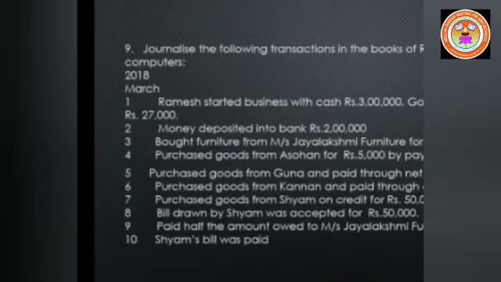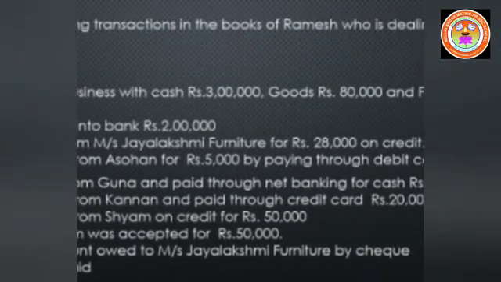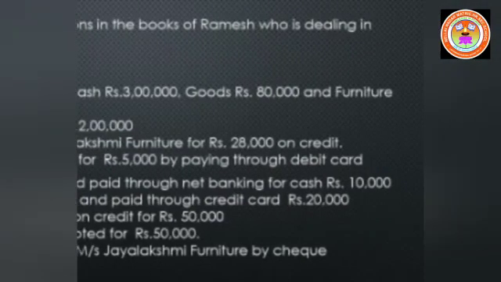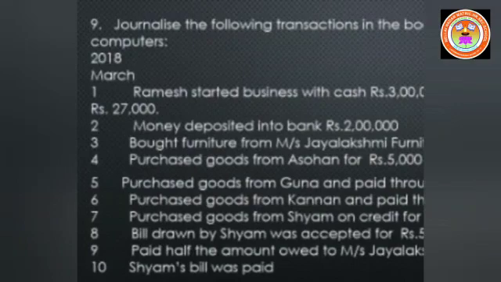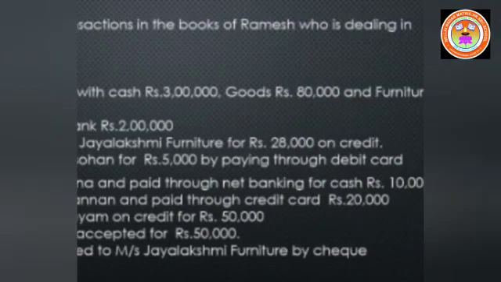Transaction, March 5. Purchased goods from Guna and paid through net banking for cash rupees 10,000. Here also your Ramesh is purchasing from another supplier, but he pays through net banking. When you use net banking also, you need not pay in the form of cash.